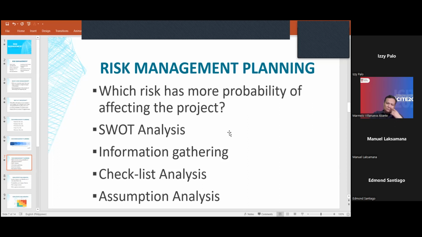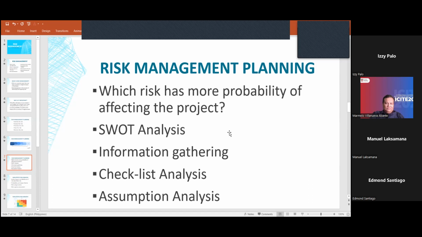When it comes to information gathering, since we are particularly focused on risk, we need to gather not just data but also information, not just in the software itself, but across the whole community or the whole organization, because it may affect every single factor in terms of the software or project management.